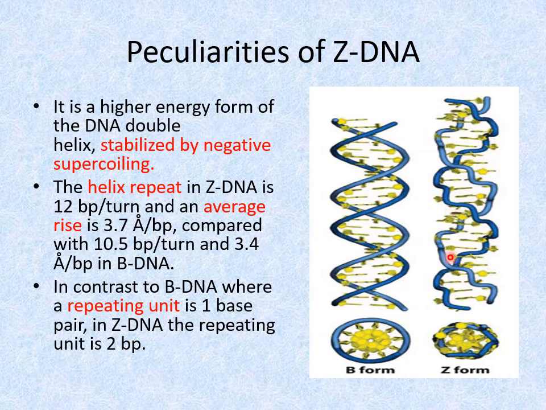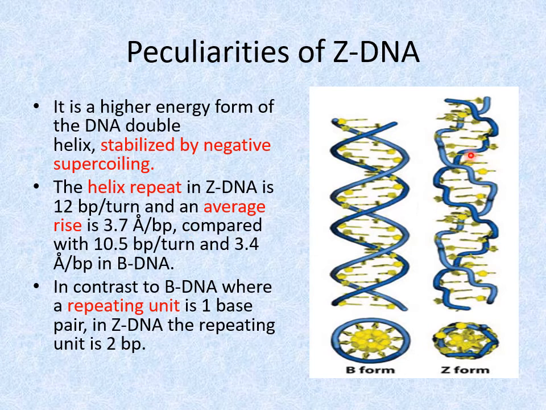Now this Z-DNA is a very typical sort of conformation of the DNA. Although it is a high energy form of DNA double helix, it is stabilized by negative supercoiling. It is a left-handed DNA molecule.